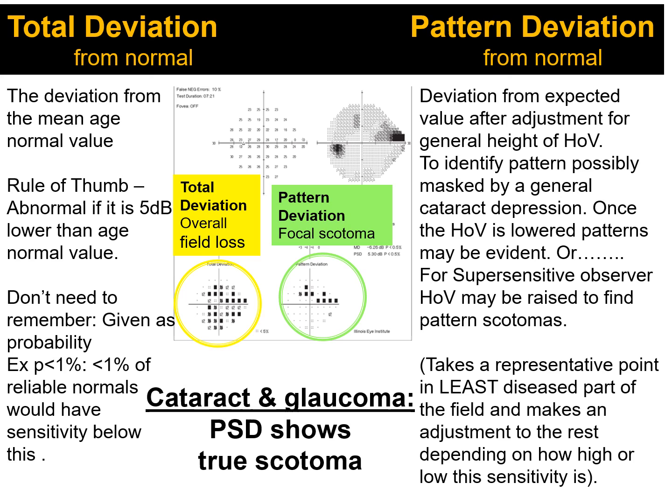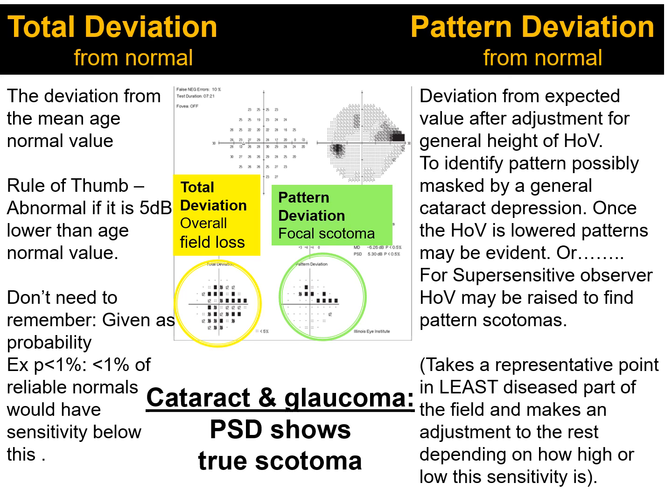So to identify a pattern possibly masked by general depression like cataract, the hill of vision is lowered and patterns may be evident. So if you look down there, we've got a total deviation there, which looks quite extensive. But then once the hill of vision's been lowered for that particular patient, then the more obvious pattern deviation becomes apparent.